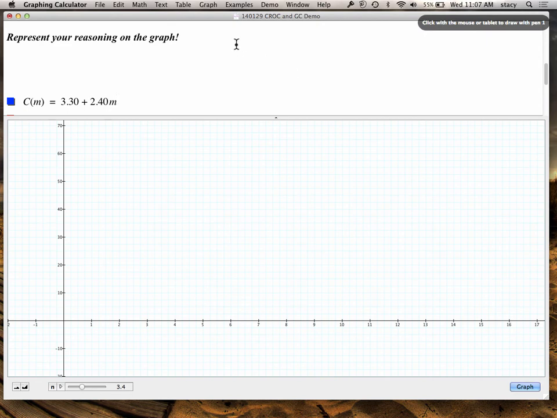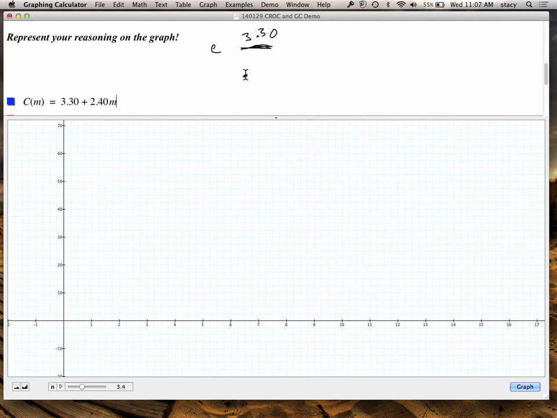Okay, so now let's think about why I was able to just write this relationship. If I were to imagine going back to my bars, then no matter what, I pay a cost of $3.30, but then the change in the cost relative to the change in number of miles driven is always 2.4.